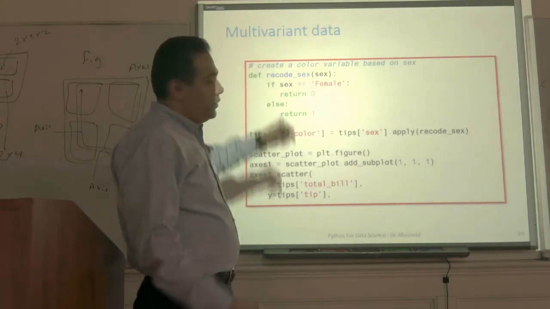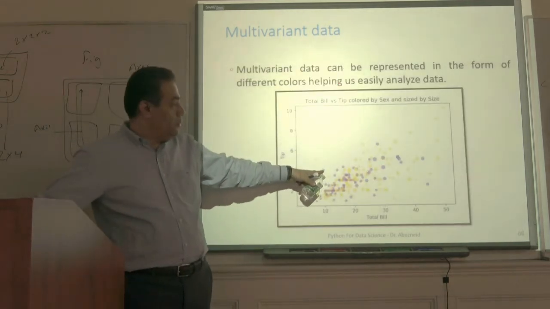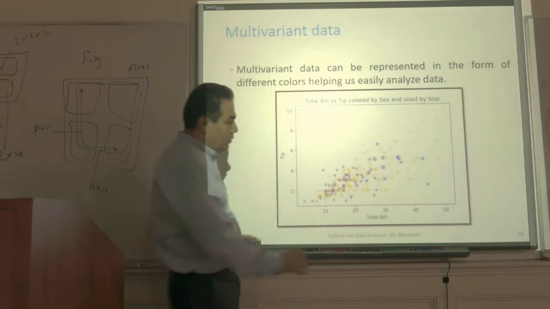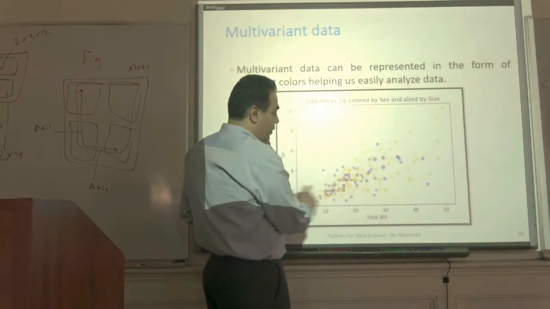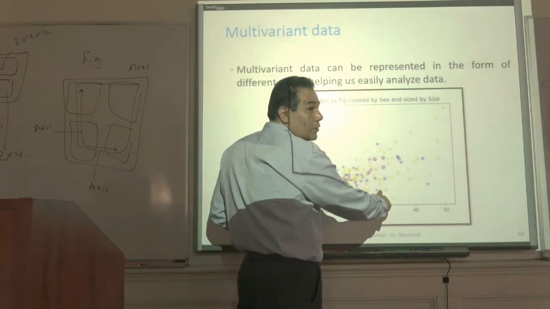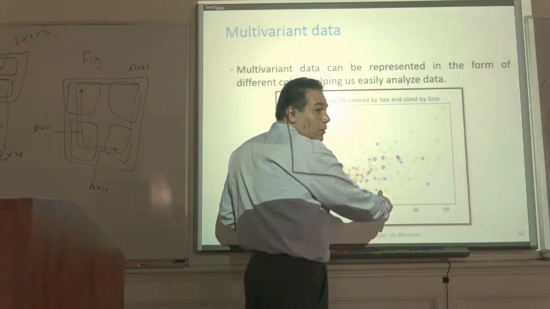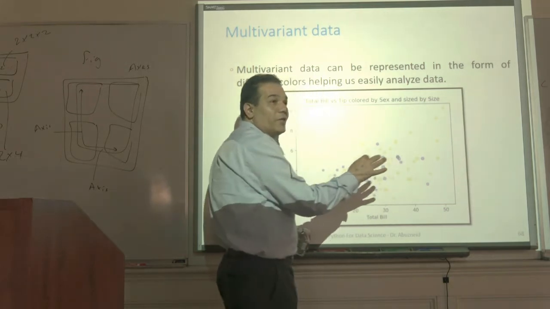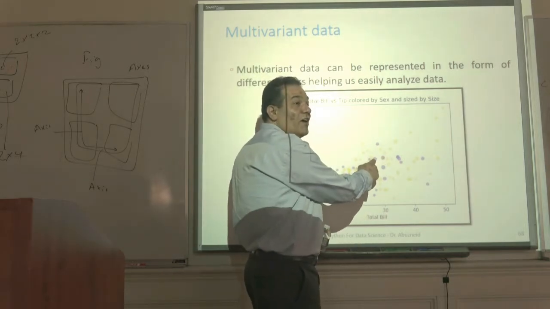For example, the yellow could be female and the purple could be male, or vice versa. Looking at this, the total bill is 30, then the tip, and from the color I could know whether it is female or male. The size of the circle could tell me the size of the party. So this is, for example, a large circle, which means maybe there are 5 people in the party.